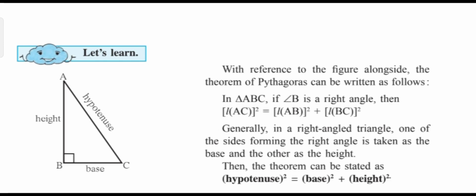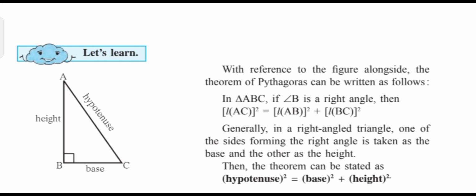Now let's learn how, with reference to the figure alongside, the theorem of Pythagoras can be written. In triangle ABC, which is visible to you all, if angle B is a right angle, then the formula is that length of AC, the hypotenuse, is equal to length of AB, the height, plus length of BC.